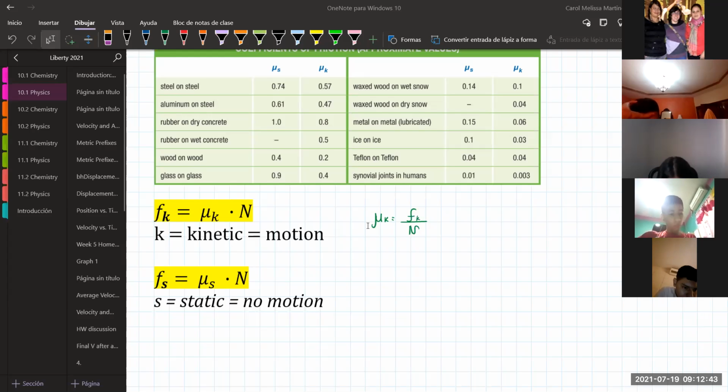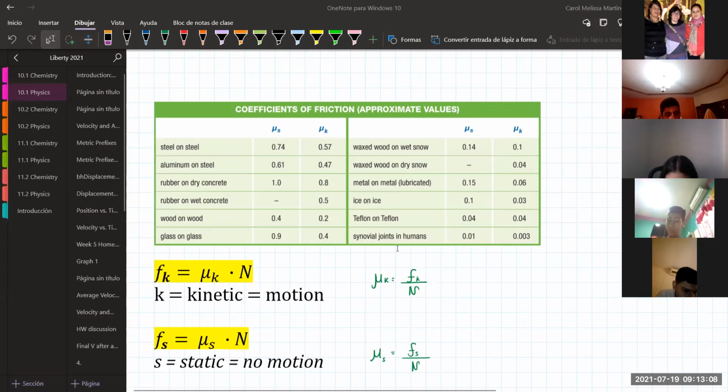And if it's asking you to find the static coefficient, it's going to be equal to the static friction over the normal. That will depend on the kind of exercise. But here is just the introduction of the other topic that we'll see about Newtons, and we cannot get into that if you don't know what the friction is.